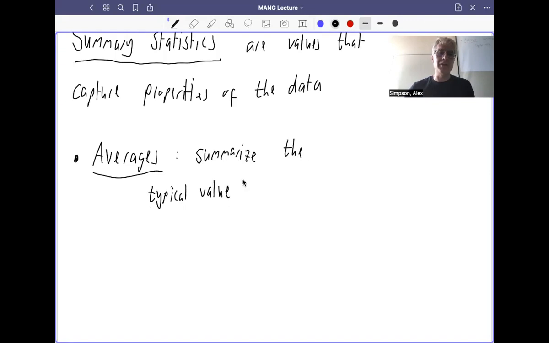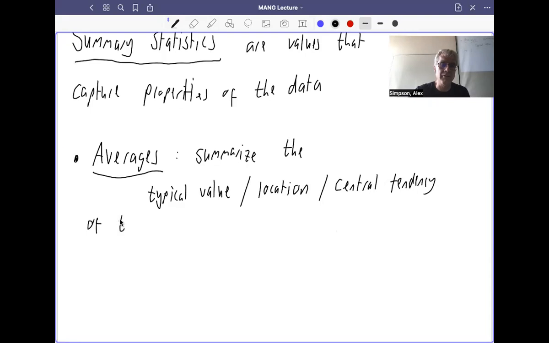So the average is sort of the typical value that one might expect of data, or sometimes it's also called the location of the data, where one expects to find the value if you measure a random person, or it's sometimes also called the central tendency. So these are all words for describing the property that's summarized by an average. But essentially think of an average as a statistical quantity that represents a typical value of the data. These are different ways that one finds it described.